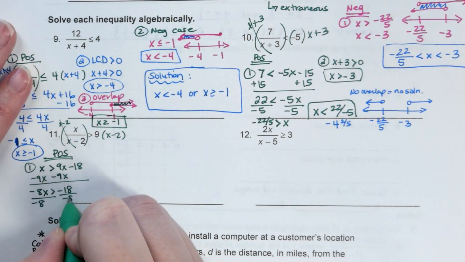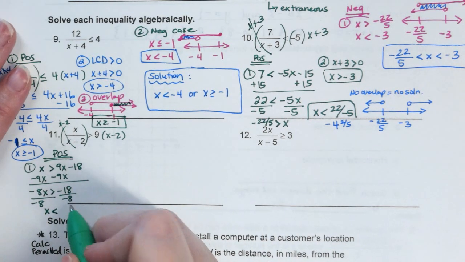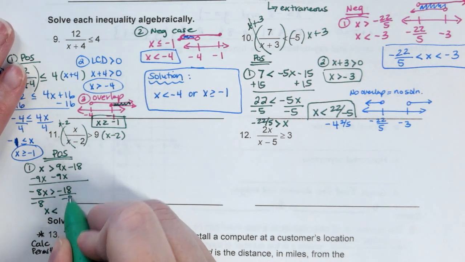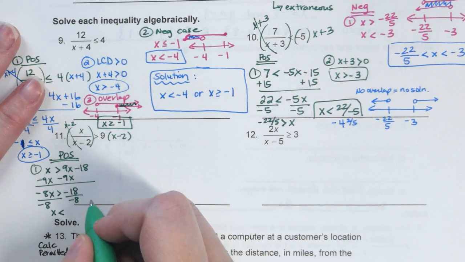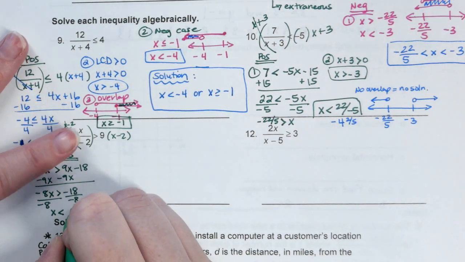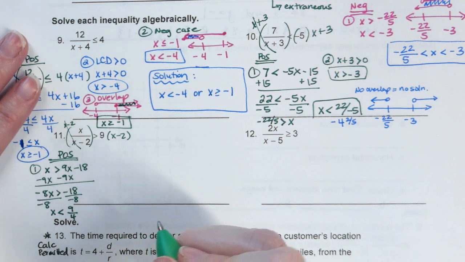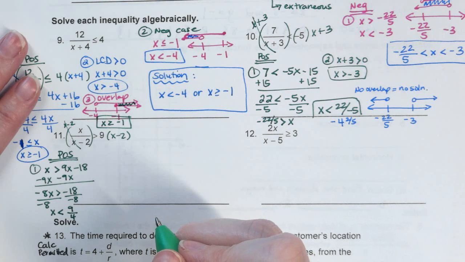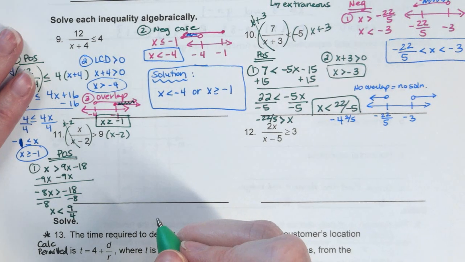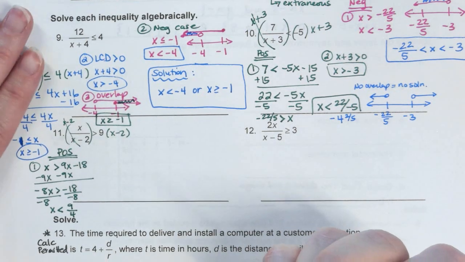And when you get a negative, you have to flip the sign. And then I'm just going to reduce. So what goes into 18 and 8? 2, right? So this would be 9 over 4. Okay, did some of you write it as a fraction? Like 2 and 1/4, because you could do that. 2 and 1/4 is fine.